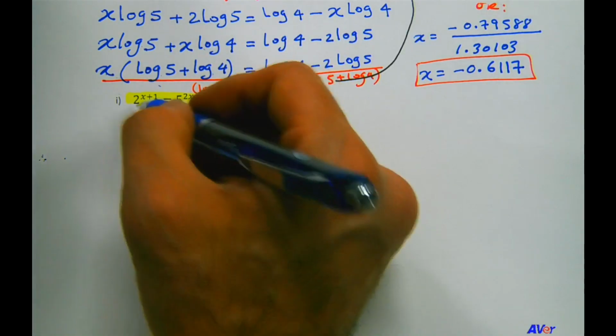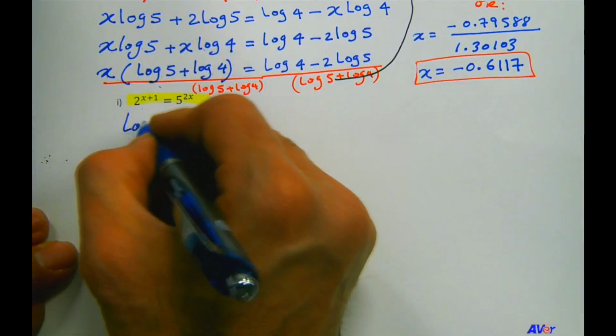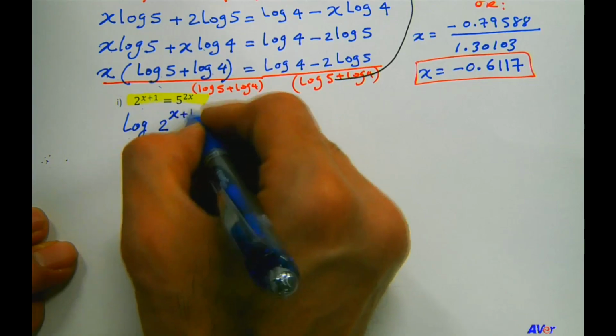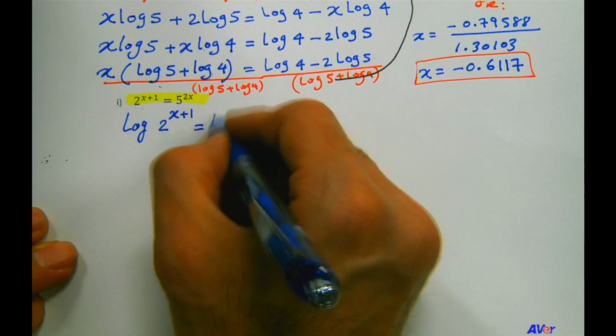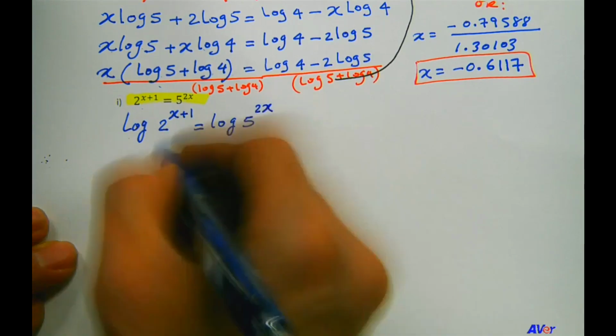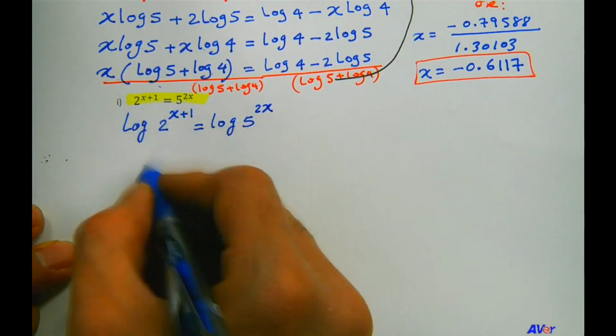But in the absence of base e, what I'm going to do is take the log of both sides. So log of 2 to exponent x plus 1 equals log of 5 to exponent 2x. So that means we can bring this exponent down, right?